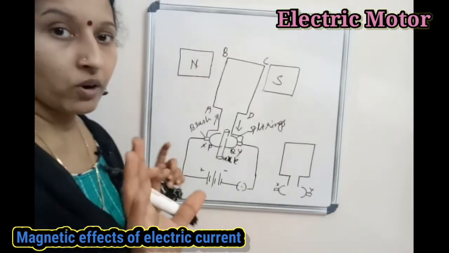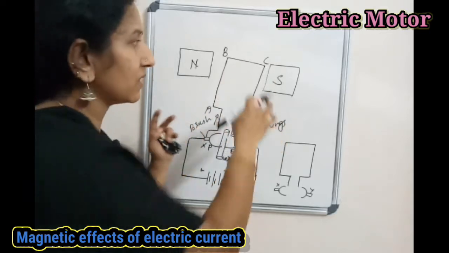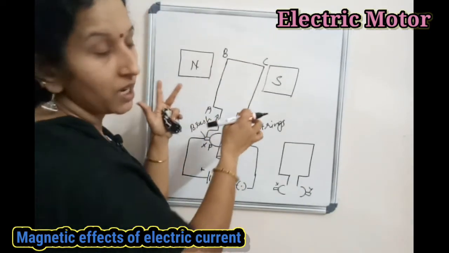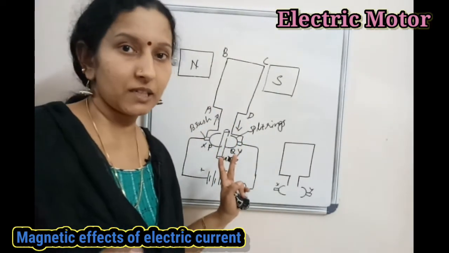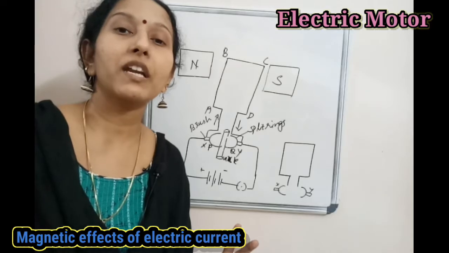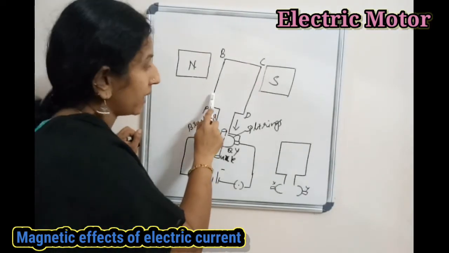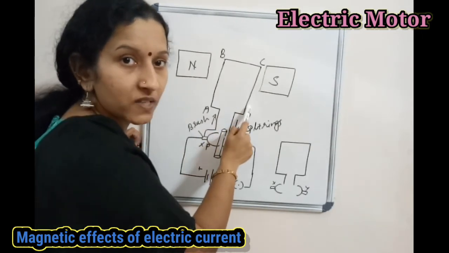Here and here you don't consider anything, there is no force, because they are parallel to the magnetic field. So on arm AB and arm CD there is an exertion of force, right?